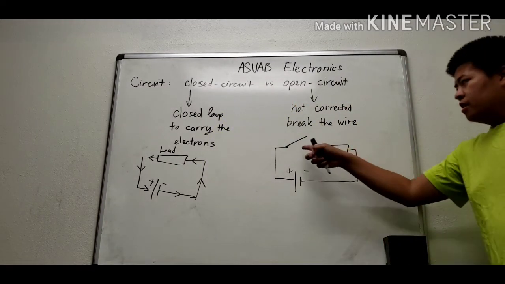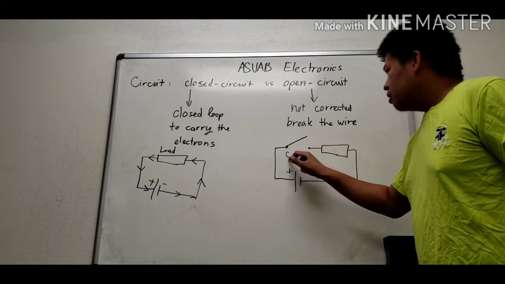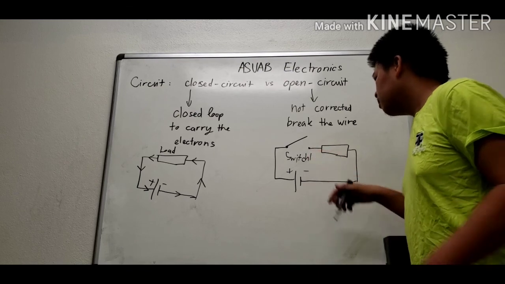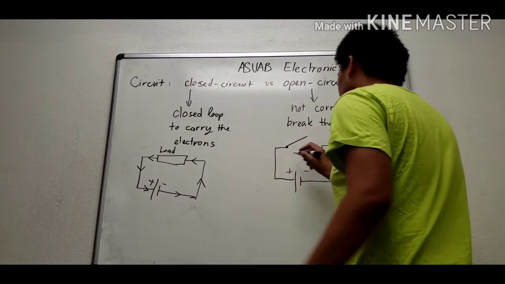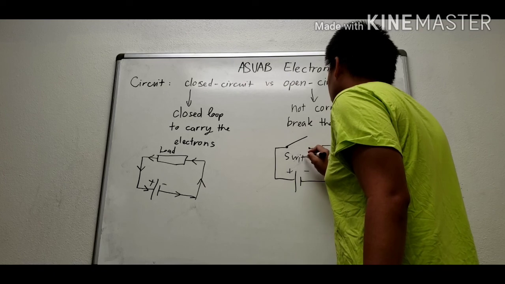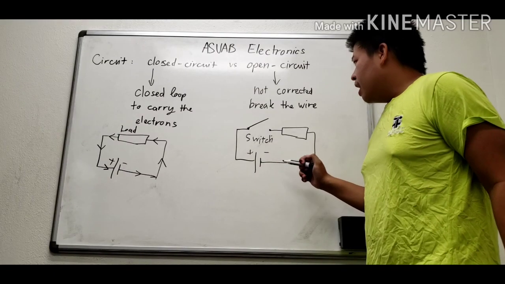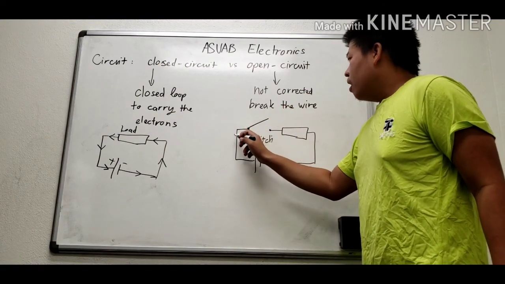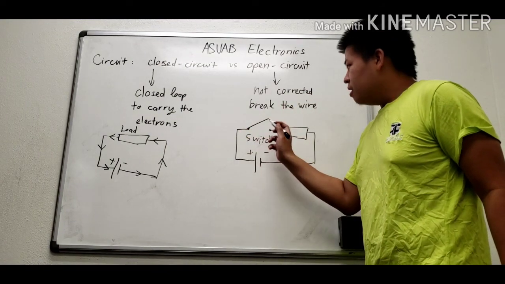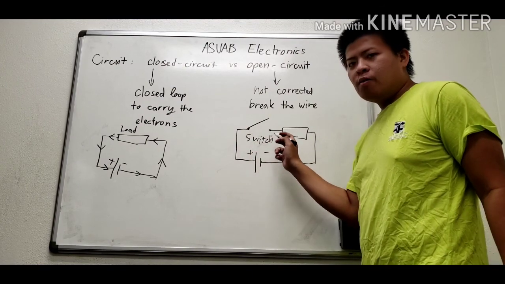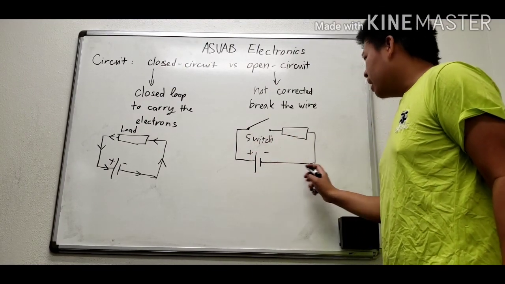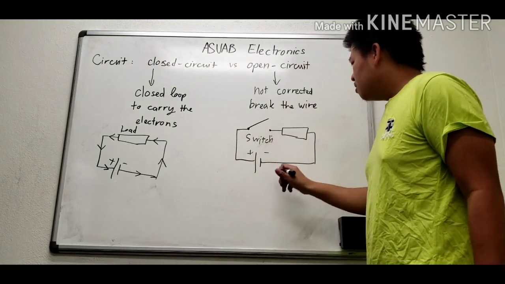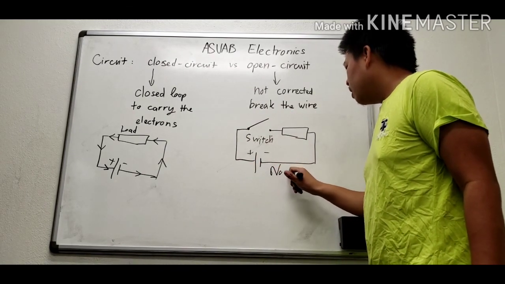This is about the switch. You can see that it is open, therefore the circuit is not connected. That's why the electrons cannot go back to the positive side, so there is no electron.